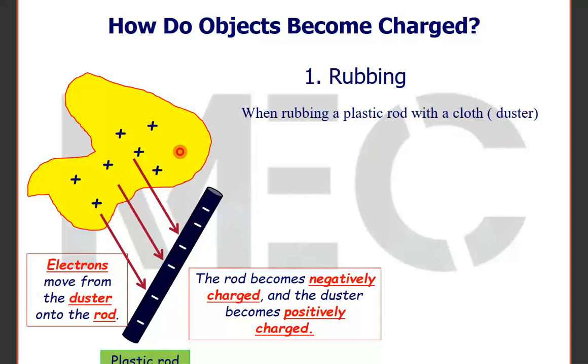The reason is that electrons move from the duster onto the rod, because from the charged particles we read about in the previous slides, only electrons move and transfer. Protons don't move. So electrons move from the duster to the rod, so that the rod gets excess electrons and the cloth is electron deficient. Because the cloth is electron deficient, it will be positively charged. The rod becomes negatively charged and the duster becomes positively charged.